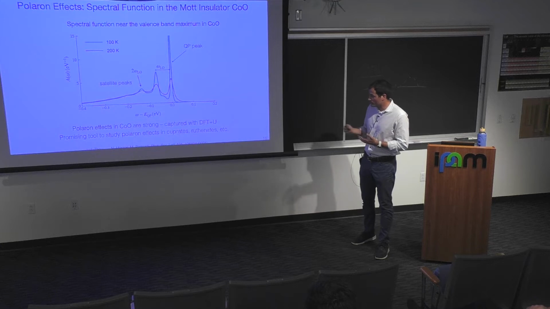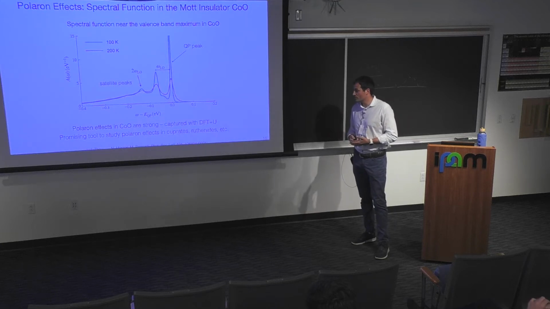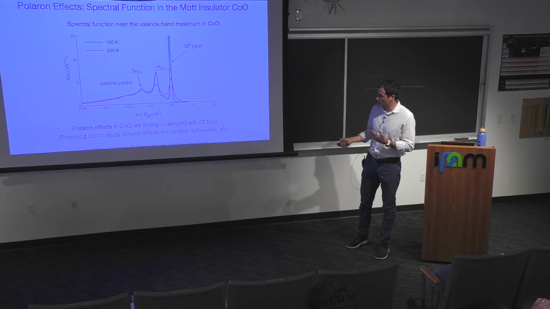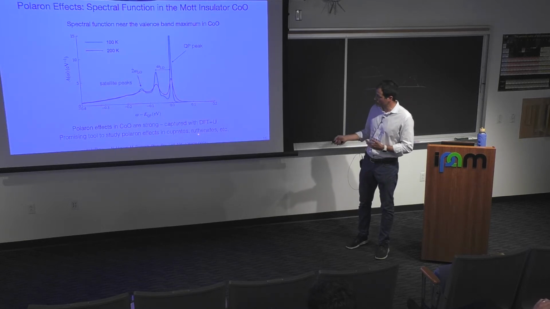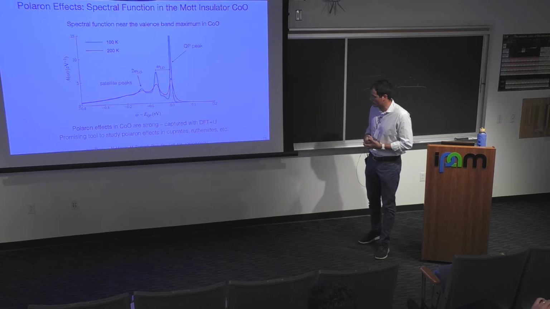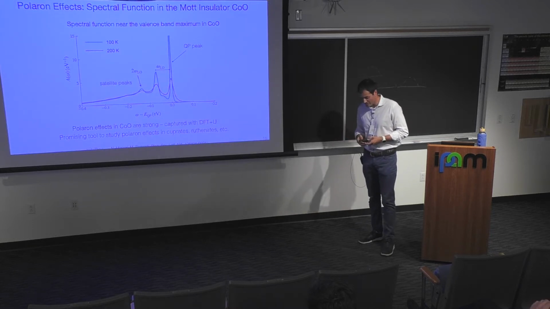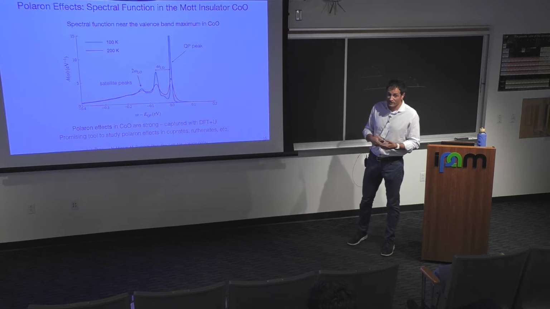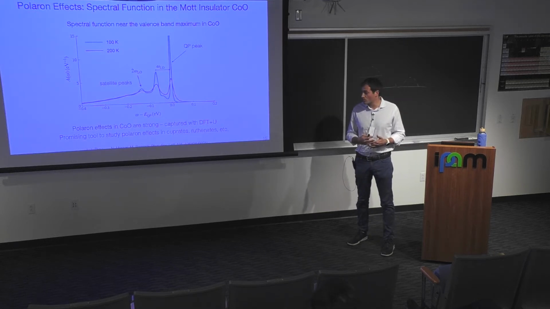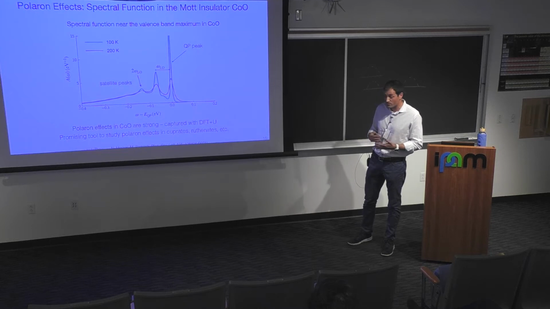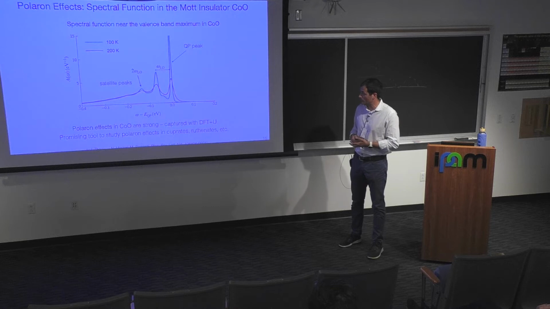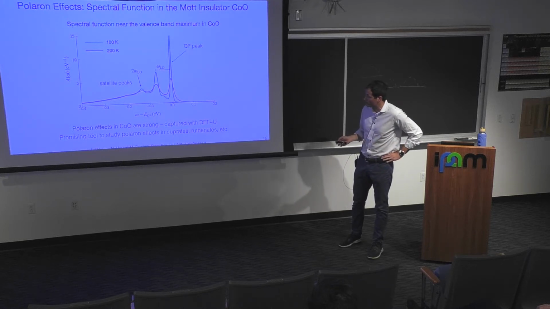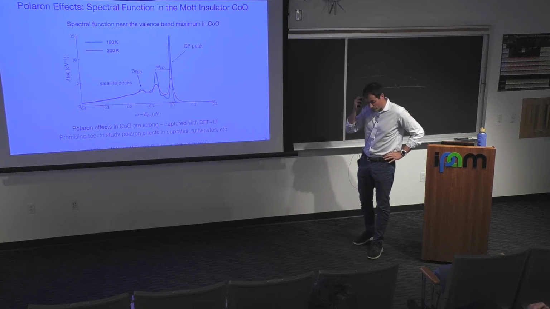And so we believe that the combination of these tools now gives us access to studying polaronic effects in various families of correlated materials like cuprates, ruthenates, and we are in fact working on some of these systems. Polaronic effects in these materials have been conjectured to be connected with high temperature superconductivity and many other exotic physics. And so it's very exciting to be able to study these effects with more quantitative tools.